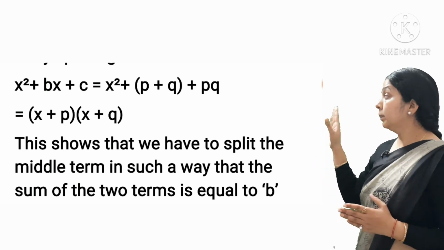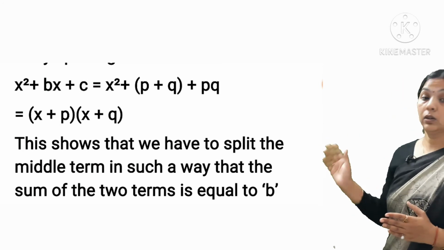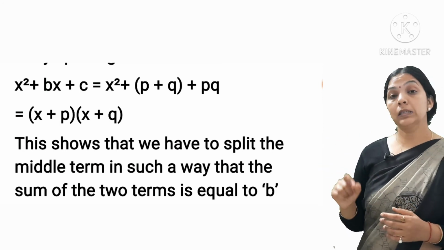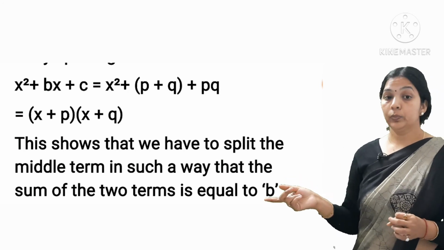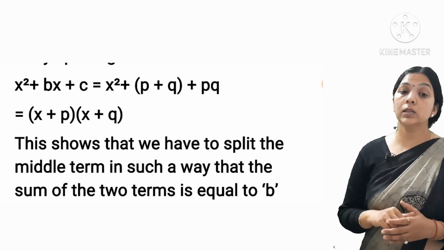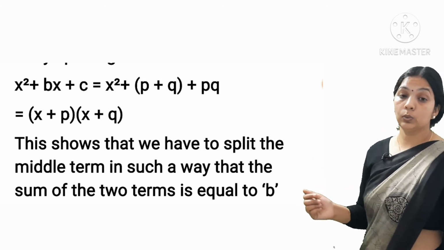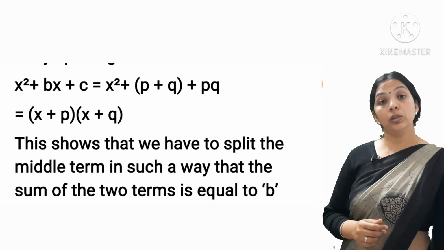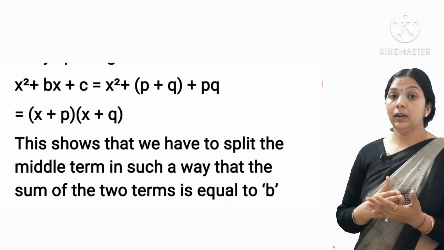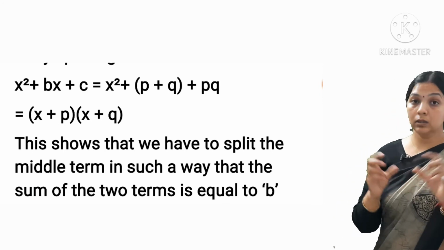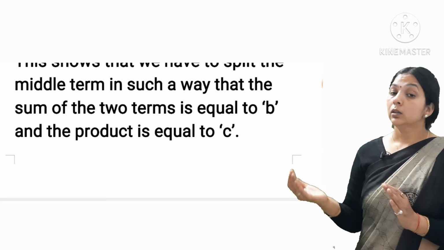Then we split b in such a way that it becomes x square plus (p plus q) into x plus pq. So we will take common factors and it will become (x plus p) and (x plus q), right? This shows that we have to split the middle term in such a way that the sum of the terms becomes the middle term, and when we multiply both the terms, it results in the third term.